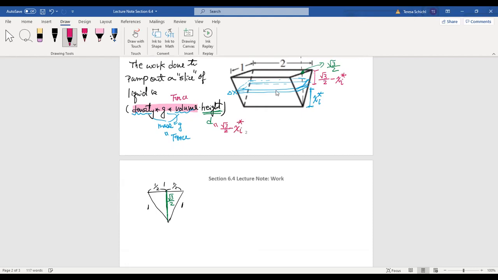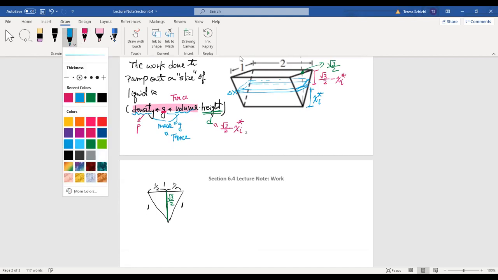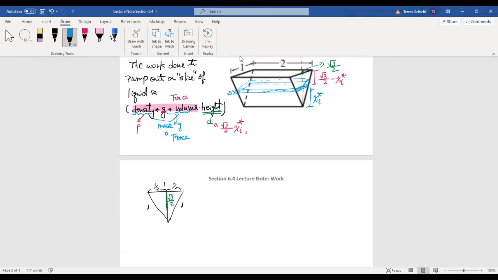Now I already know the density. Density is rho, and the constant is 9.8. Now I need to find this volume here. This is a thin slice of a rectangular prism volume. So how do I find it?